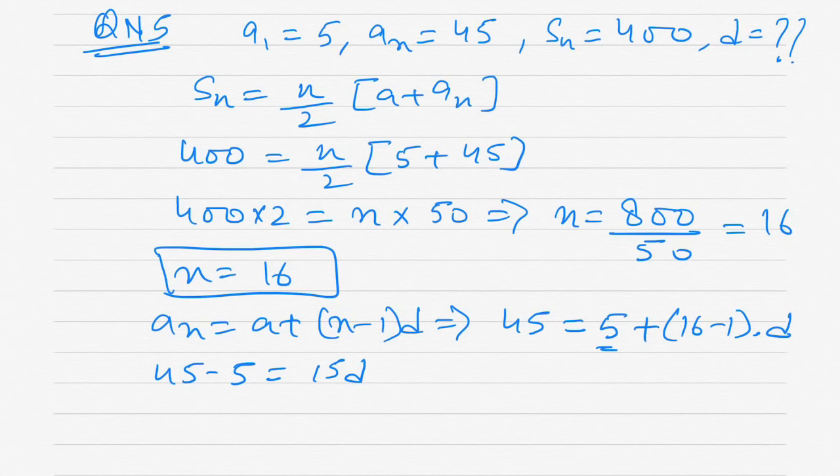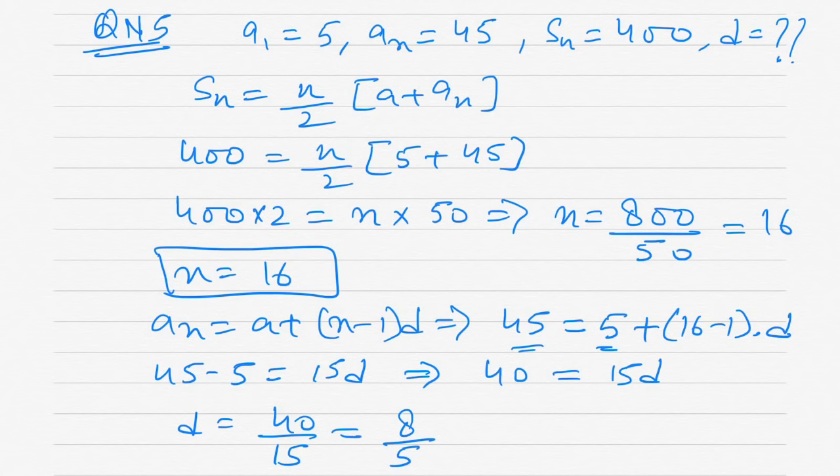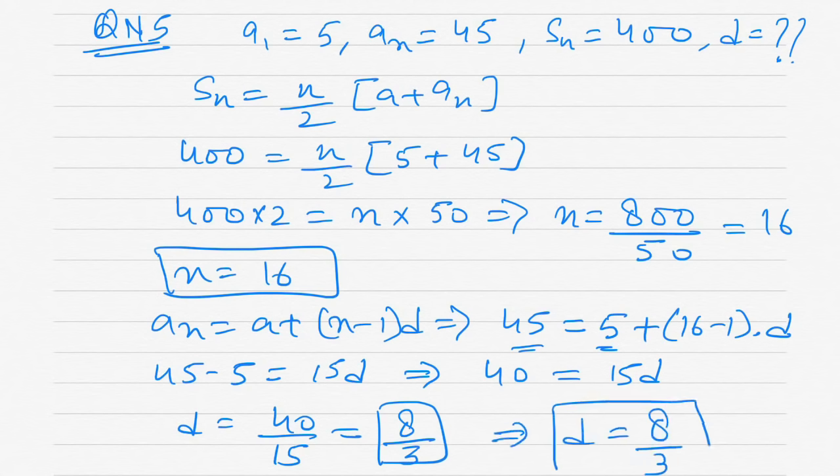Now we are shifting 5 to the left hand side. So 45 minus 5 is 40. 40 is equal to 15d. So it means d is equal to 40 upon 15, which is equal to 8 by 3. 5 is the common factor. So this implies the value of d is 8 upon 3.